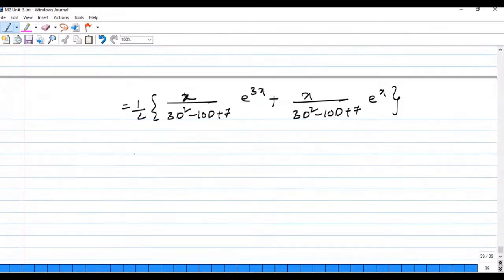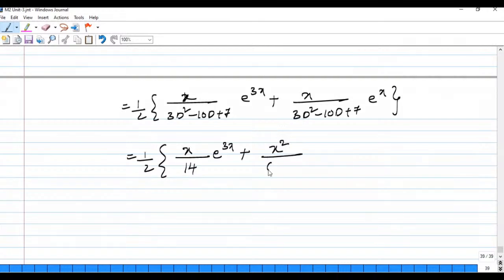Now in the first term, put D equal to 3. What is the denominator? 14 e power 3x, plus, if D equal to 1, what is the denominator? 0.